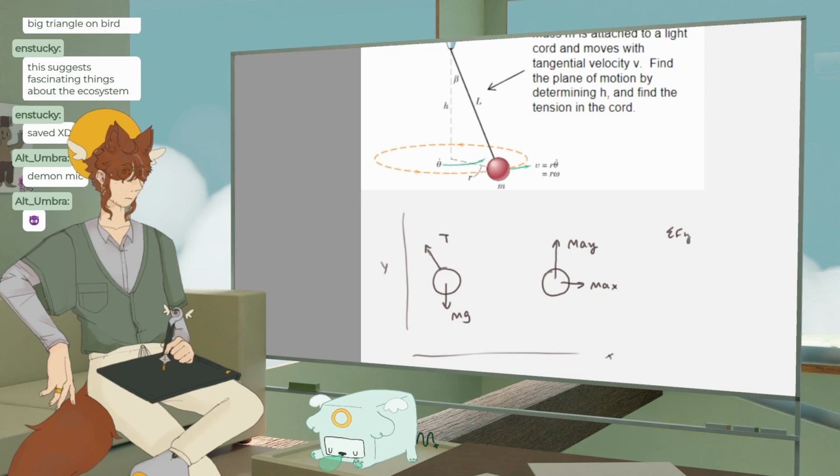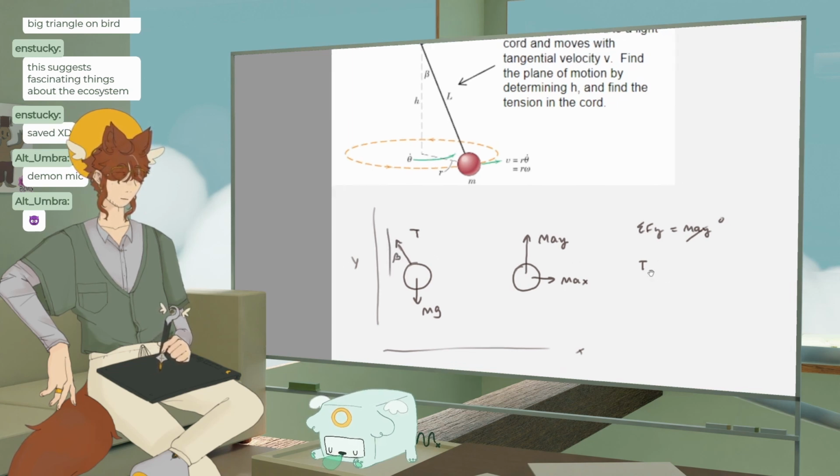Sum of the forces in Y equals MAY equals 0. Tension cosine beta minus mg equals 0. T cosine beta. Oh, beautiful, okay. Equals mg.